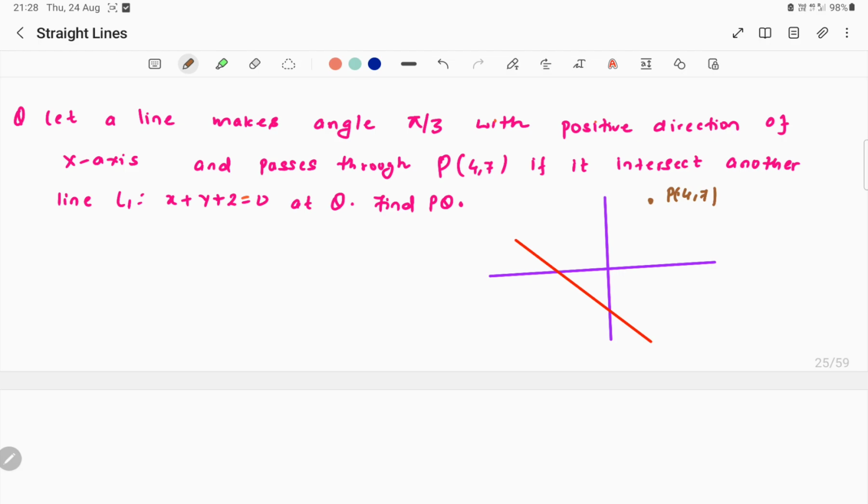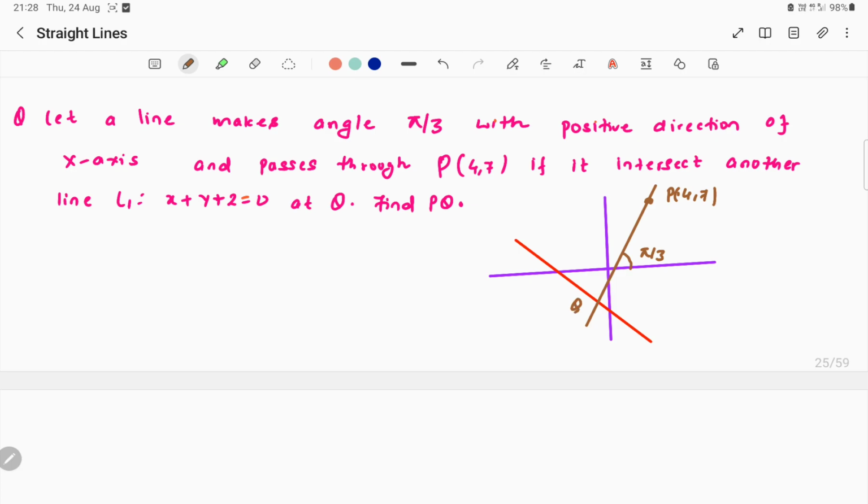So let a line make an angle pi by 3 with the positive direction of x-axis and pass through (4, 7). Okay, if it intersects another line L1 at Q, so let's draw a line. Let's say it is drawn something like this. Okay, and where this angle is pi by 3. So let's say the point of intersection is Q.